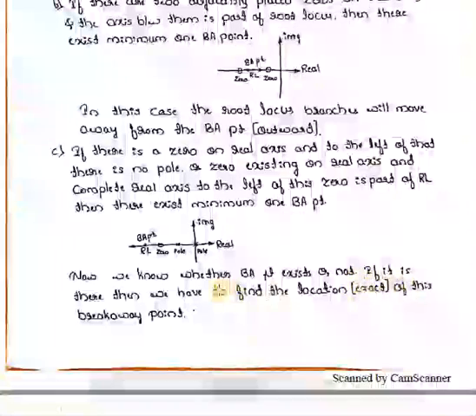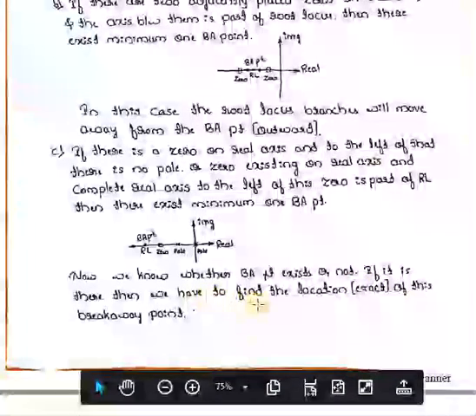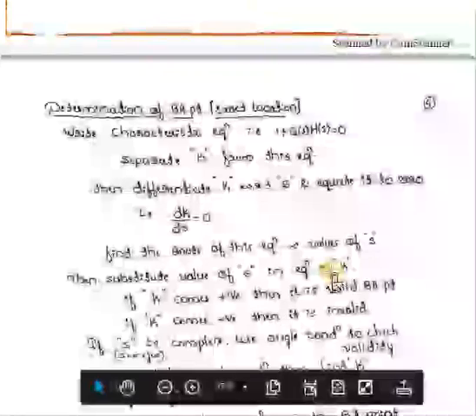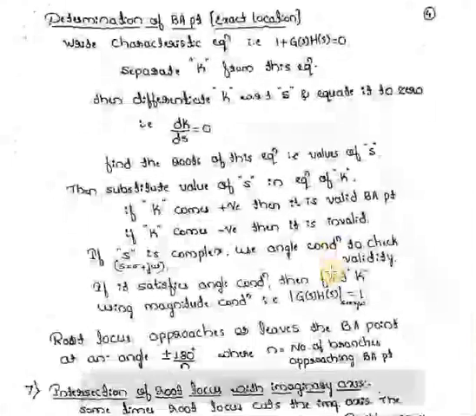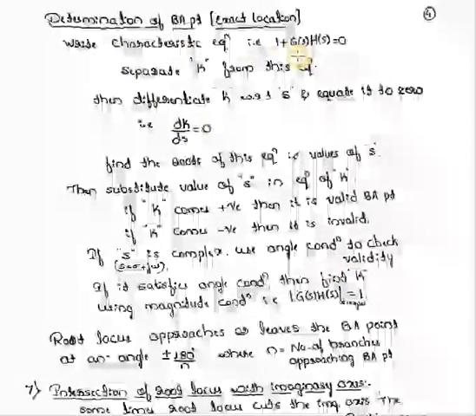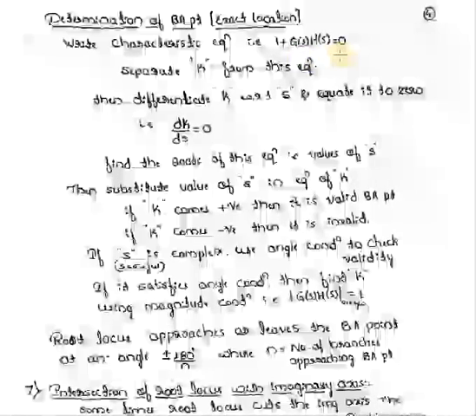If it is there, then we have to find the exact location of that breakaway point. To determine that exact location, first we need to write the characteristic equation in the form 1 plus G(s)H(s) equal to 0.